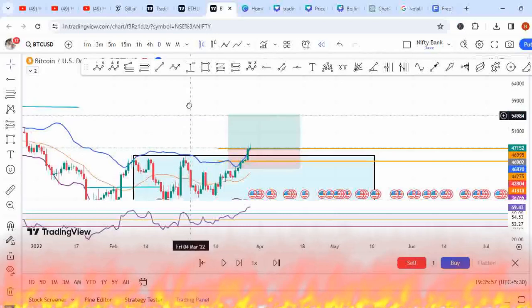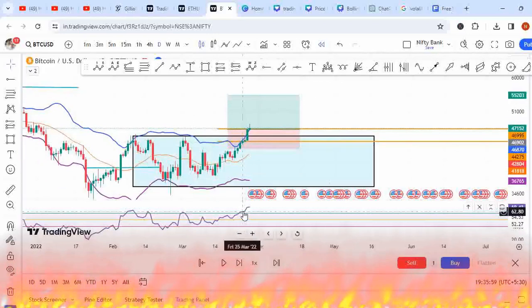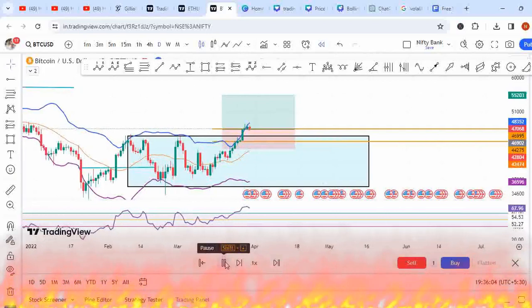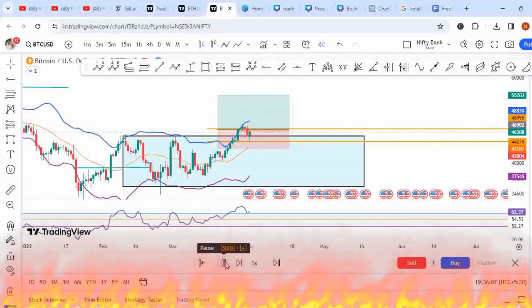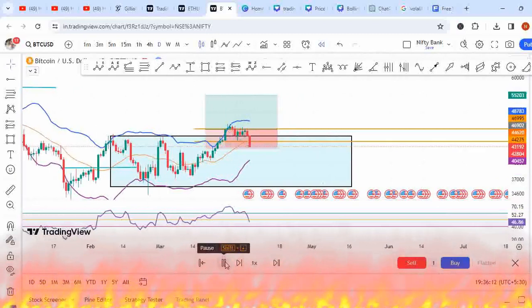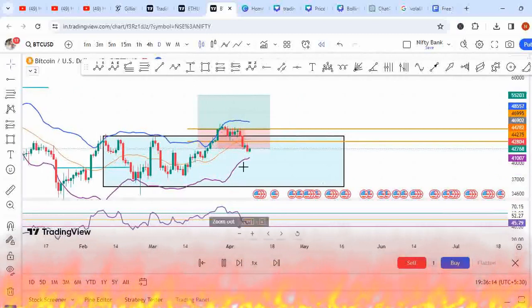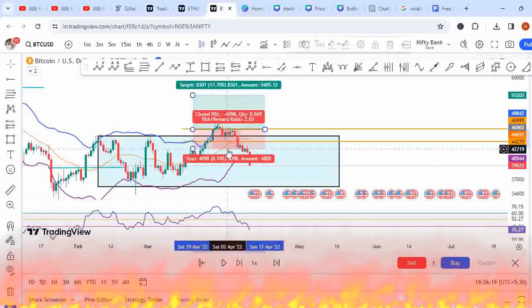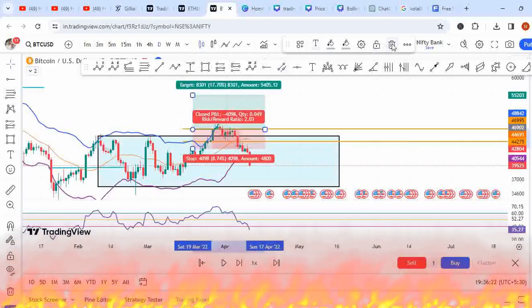RSI is also above 60. Here you have hit the stop loss. You are out of the trade.